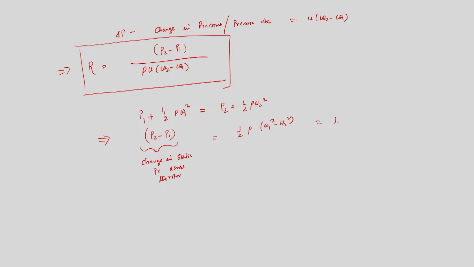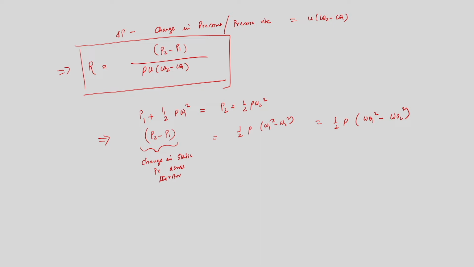What is W1 square minus W2 square? That is equal to W theta 1 square minus W theta 2 square, because I can obtain that from the velocity triangle.